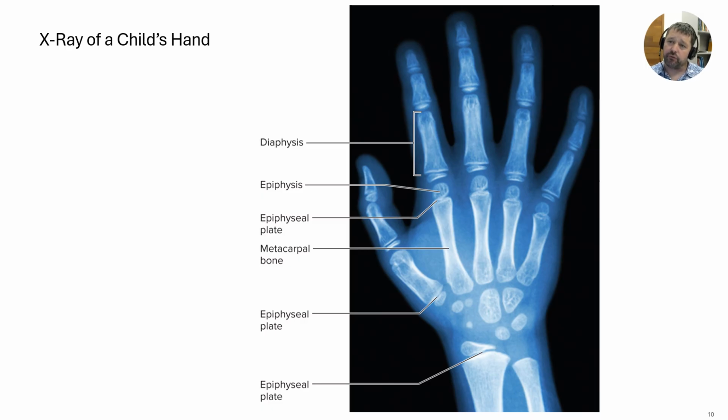So remember, these bones are extending, they're elongating, and if you break a growth plate, it can cause that bone to become shorter. And so if it occurs on a hand or in an arm, you could have one arm shorter than the other arm, or one hand shorter than the other, or one finger, etc., shorter than the other.